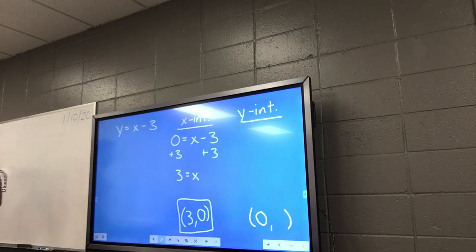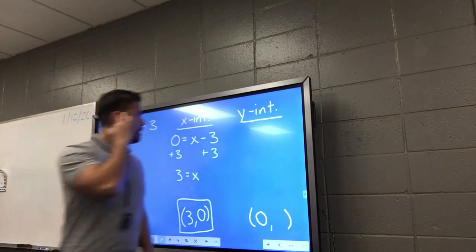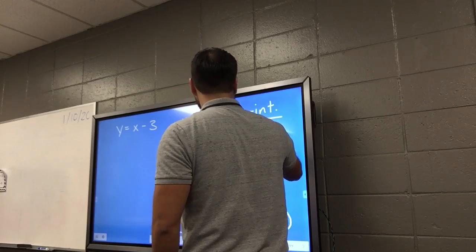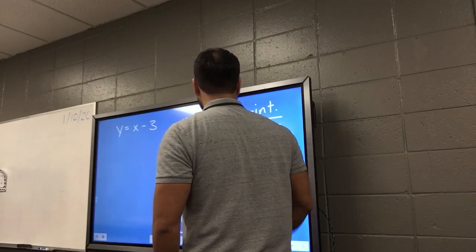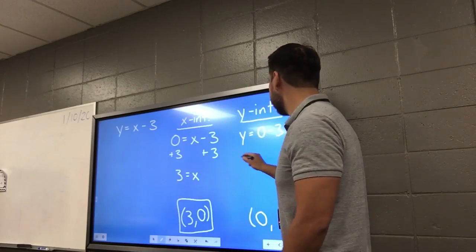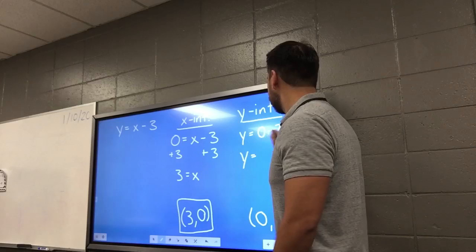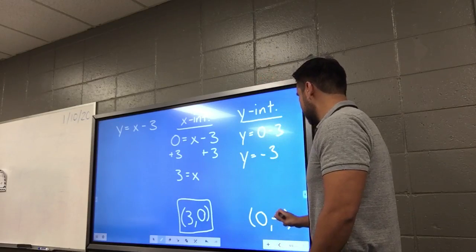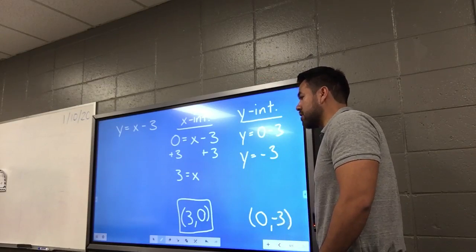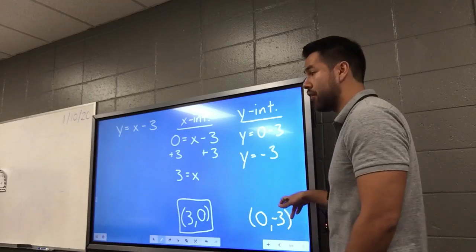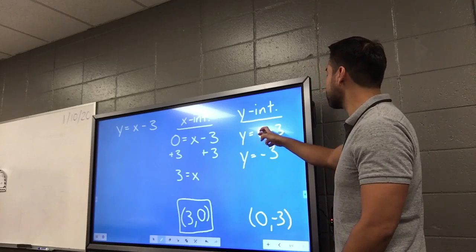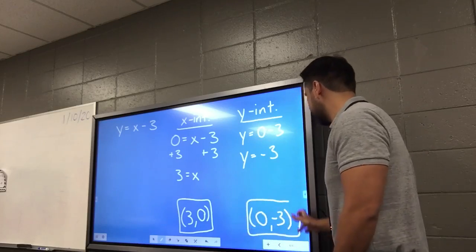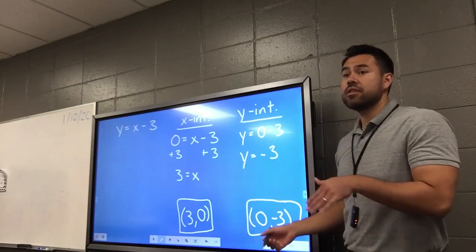To get your y-intercept, you make x equal 0, right? So what's 0 minus 3? Negative 3. So y equals negative 3, because x equals 0, so 0 minus 3 is negative 3. That's it.